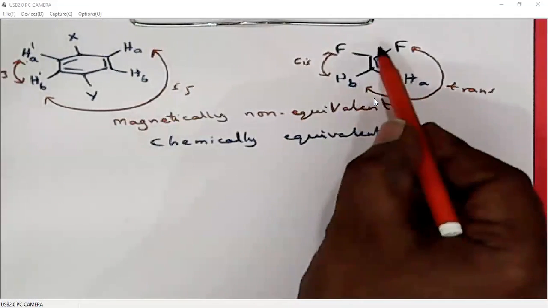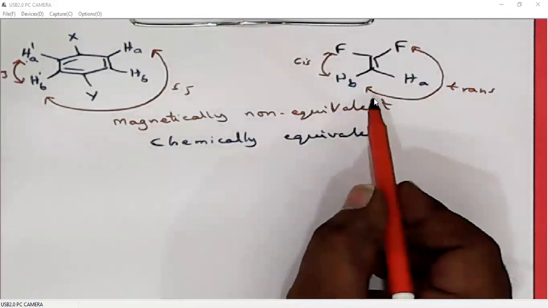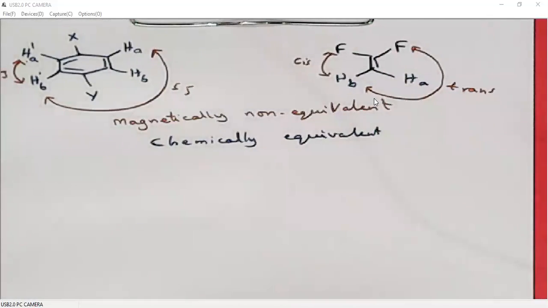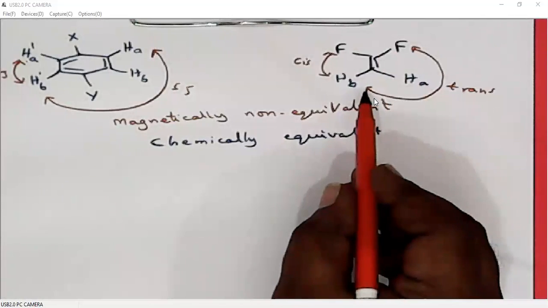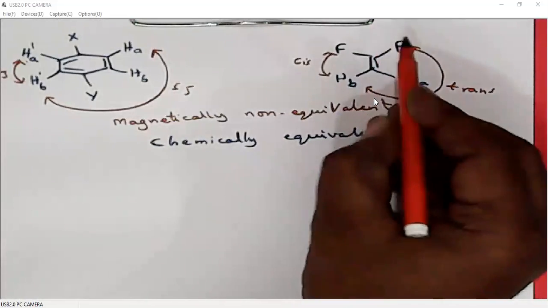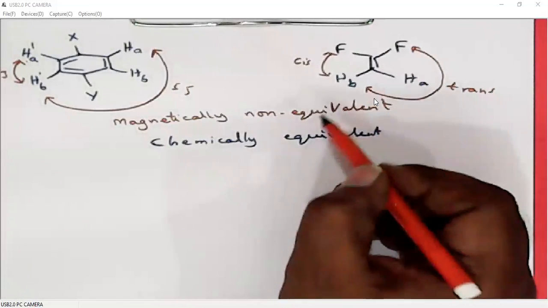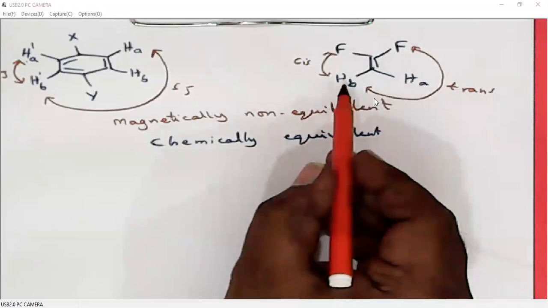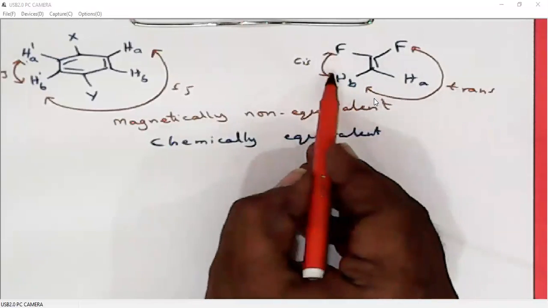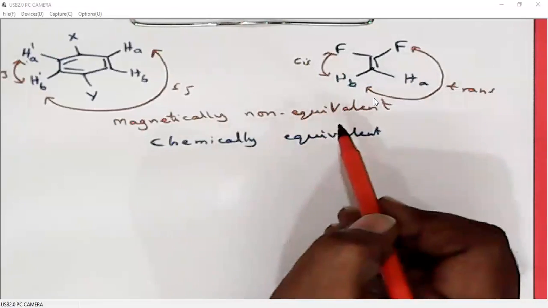Here there is a possibility for a plane of symmetry. That means these two protons are chemically equivalent, right? But they are magnetically non-equivalent. Though we expect a plane of symmetry here, these two protons are magnetically non-equivalent. They will exhibit two different couplings, one type of coupling with cis, another type with trans.